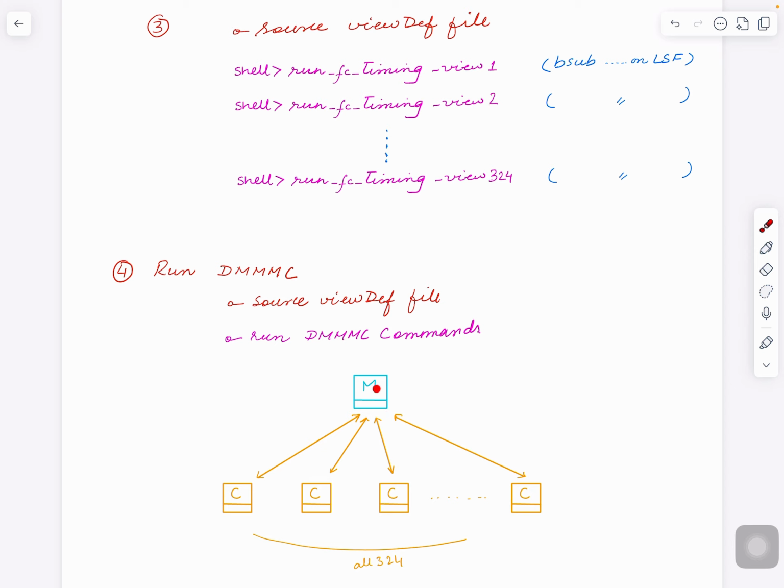The design is single, the netlist is here, but the timing graph for each view is running on different machines. And then it will also pull back the reports. When this is done, a report comes from here, a report comes from here, then you can combine the reports. All right, this is called a distributed multi-mode, multi-corner case.